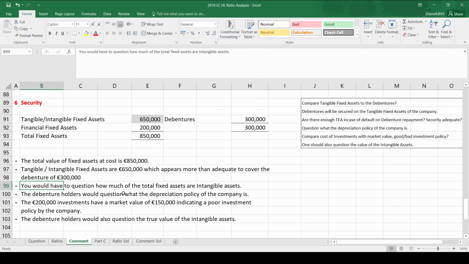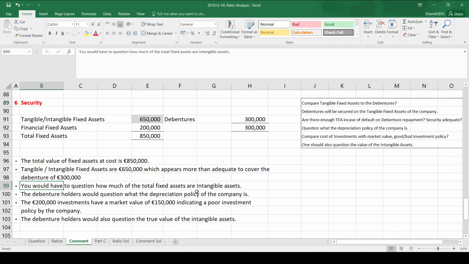You would have to question how much of the total fixed assets are intangible assets, because tangible assets are obviously better. They're easier to change into cash if need be. The debenture holders would also question what the depreciation policy of the company is. That's a sentence we'll always put in. It doesn't say what rates of depreciation there are.